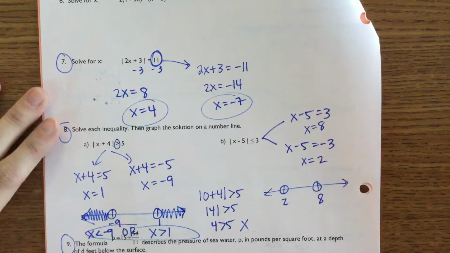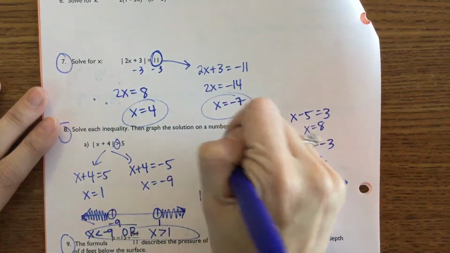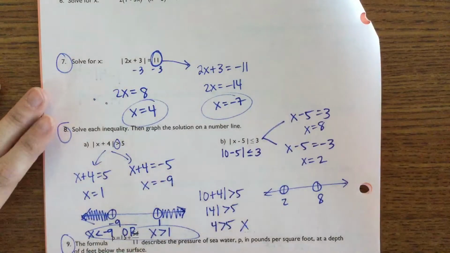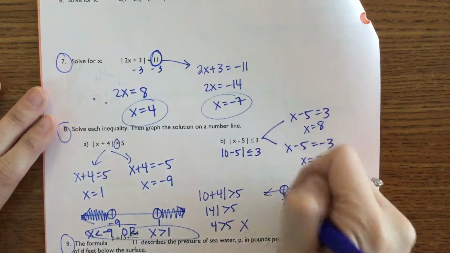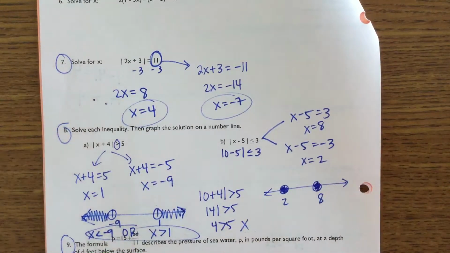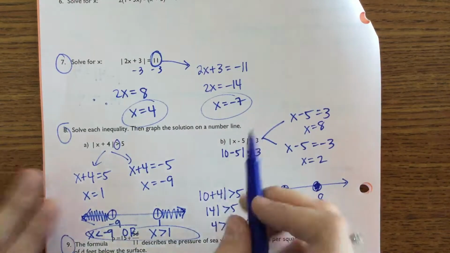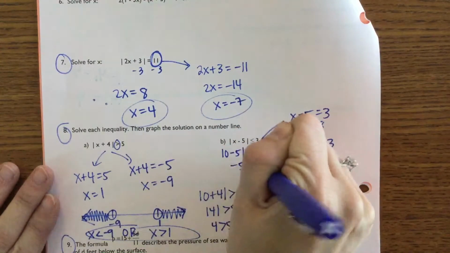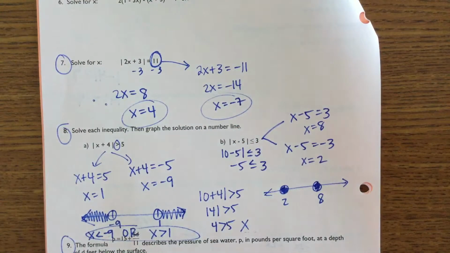Here's what a lot of you did last chapter. Oh, aren't they closed? Oh, yeah, these should be closed circles. Sorry, thank you, Casey. Okay, so a lot of you would plug in 0 and you would get here, and then you would say -5 is less than -3. What is the issue? It's absolute value.